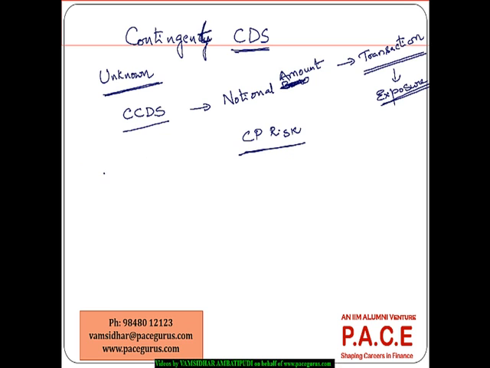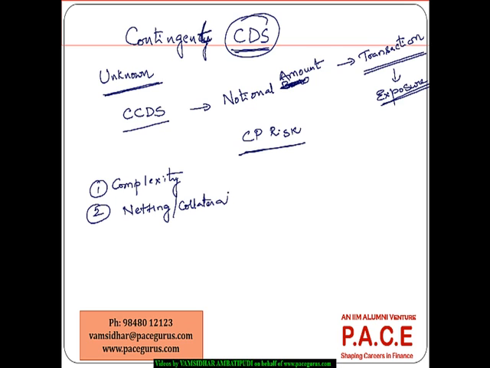But still they did not get as much popularity as the straightforward CDSs. One, there was a lot of complexity associated with the documentation, because it has to reference the transaction for which the counterparty risk has to be transferred. So there is a lot of complexity associated with the process. It is not taking into account the netting and the collateral because it is against one single transaction.